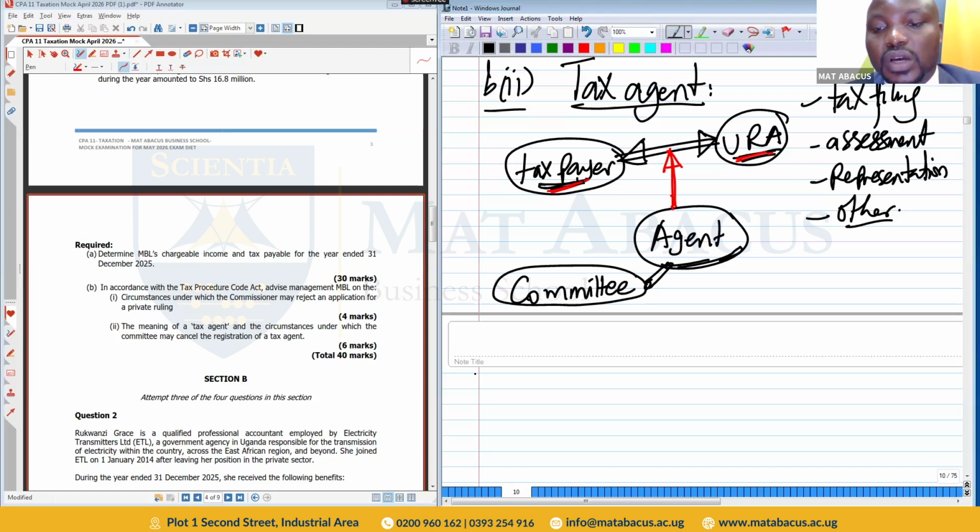Every year, tax agents are appointed or pre-qualified, so it's a pool of many people. Now, the question is asking about the circumstances under which the committee may cancel the registration.